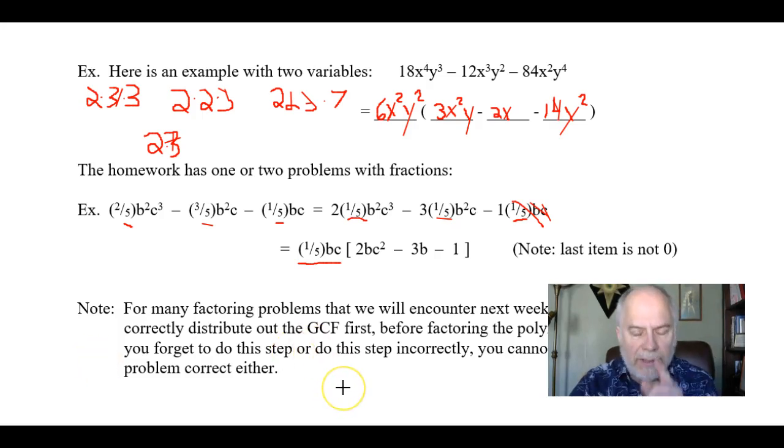Make sure you do that step, and you need to do it correctly. If you don't distribute out the greatest common factor first and do it correctly, then what you have remaining inside the parentheses will not be correct, and therefore you will not be able to correctly factor the rest of the way. All right.